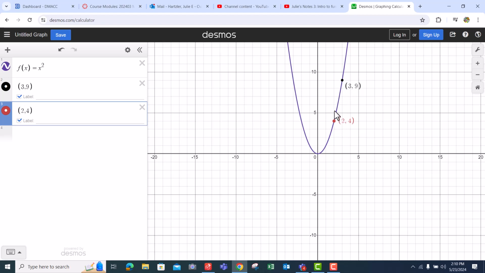But notice if I pick a different point, the slope is going to be different because this quadratic is not a line. It doesn't have a constant rate of change. But between these 2 points, there would be a rate of change. But if I pick 2 different points, that's going to change, okay? All right, so I'm going to pause again, and we're going to find the rate of change between these 2 points with our function.